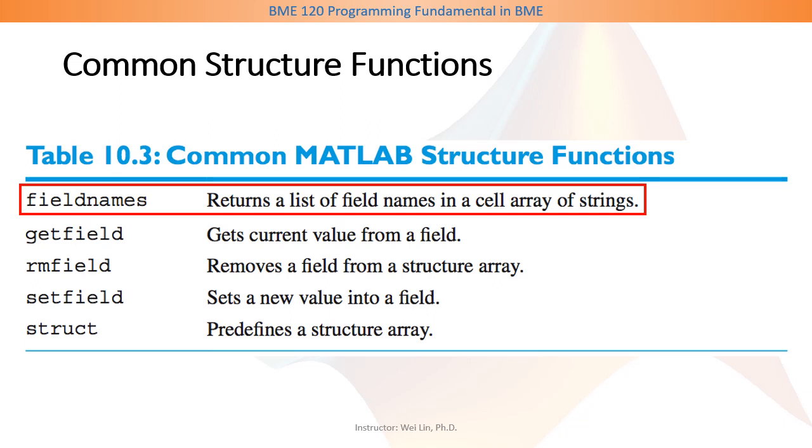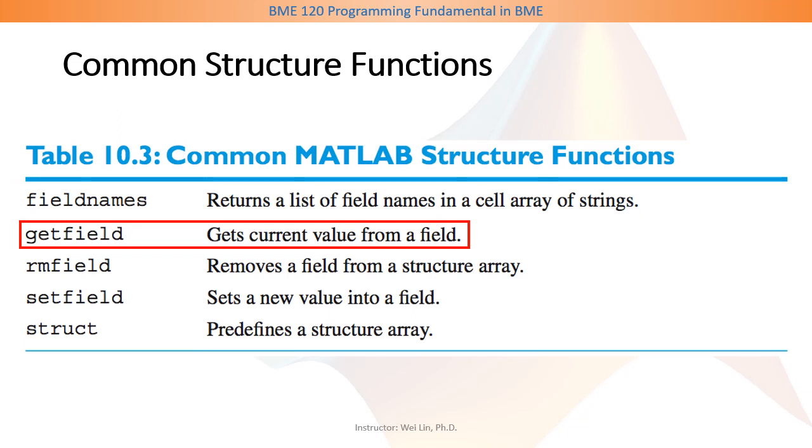The reason is that field names are usually of different sizes, and if you put them together, they cannot form a string array. Instead, we can treat them separately and put them in a cell array. And this is also a use of cell array in MATLAB.